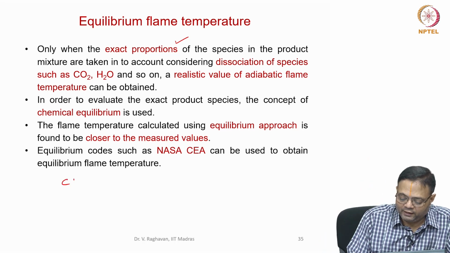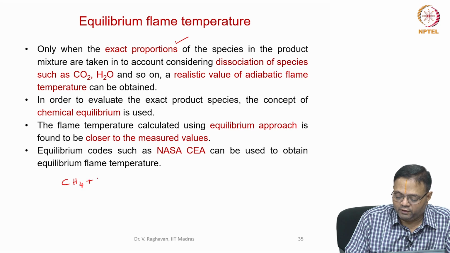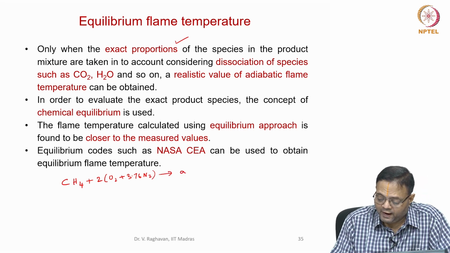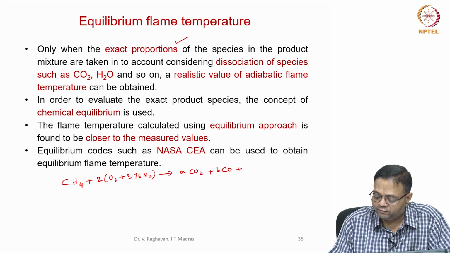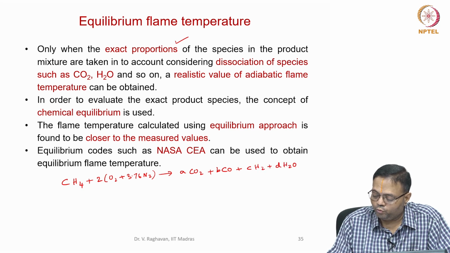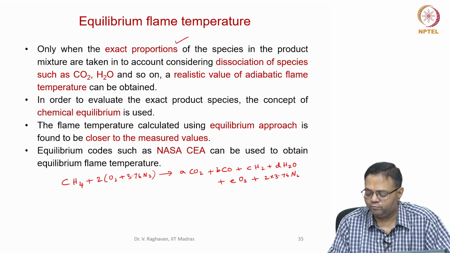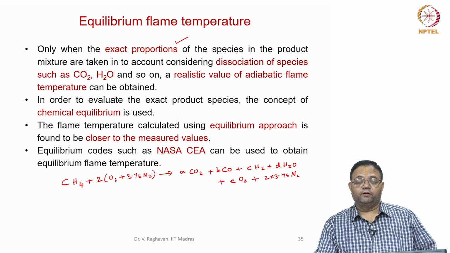So what I can write here is the same equation: methane plus 2 times air gives A times CO2 plus B times CO plus C times H2 plus D times H2O plus E times O2 plus 2 into 3.76 times N2. I can also add several more species in this equation.